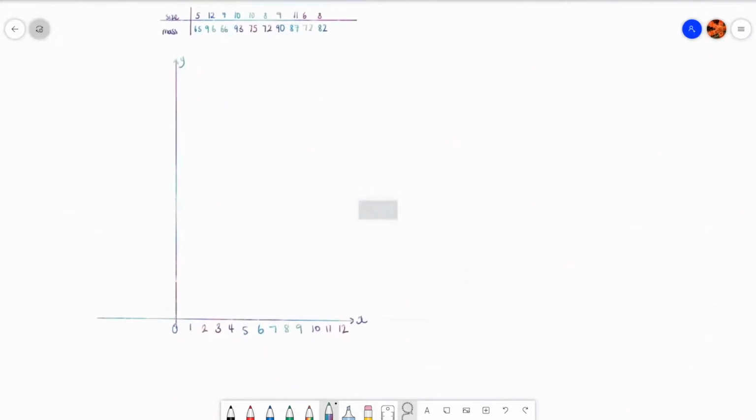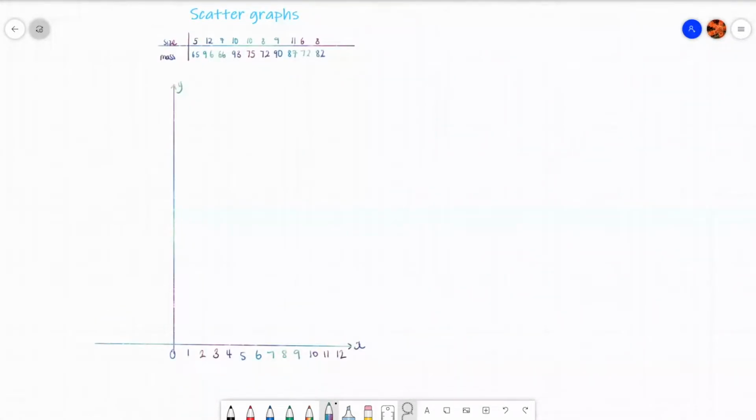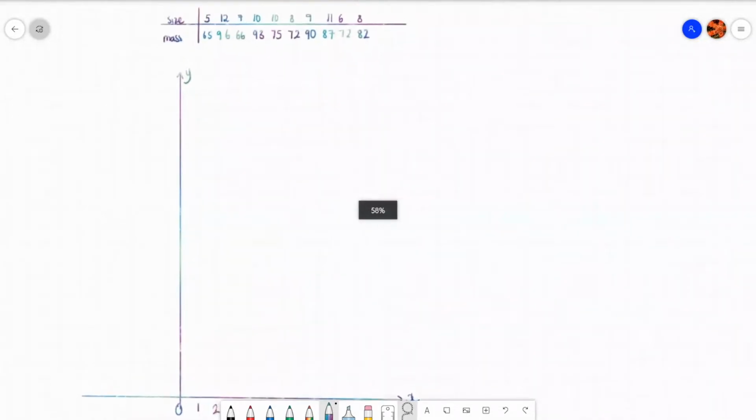Okay, the mass now. The mass there is ranging from the smallest, which is 65, all the way to the highest one, which is 96, I can see. So I'm just going to go up in tens, hoping that's okay. So 10, 20, 30, 40, 50, 60, 70, 80, 90, and we'll set 100 there.